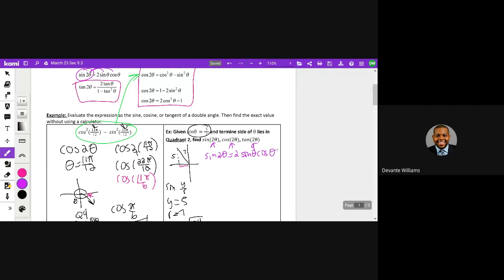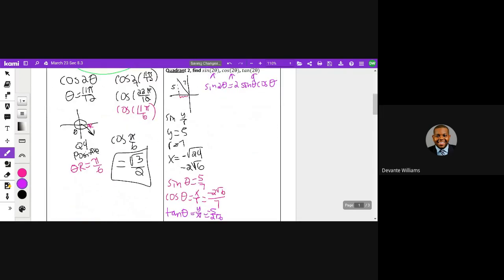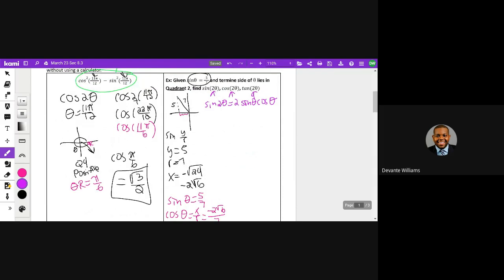We're going to rewrite it. Lucky for us, we already found the cosine and sine. So this equals 2 times 5/7, which is our sine, times our cosine, which is negative 2 square root of 6 over 7.